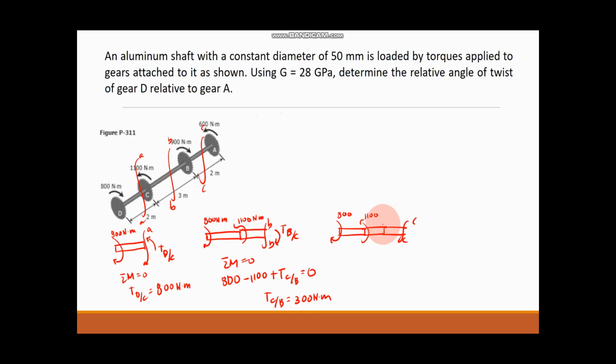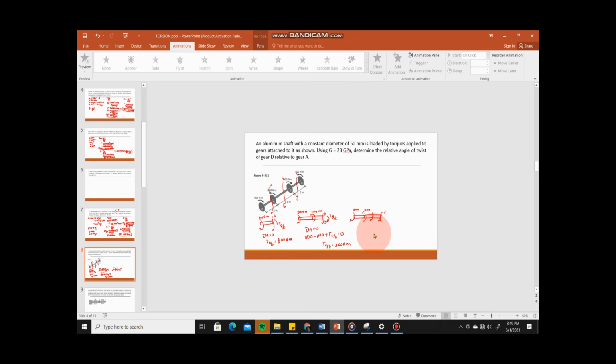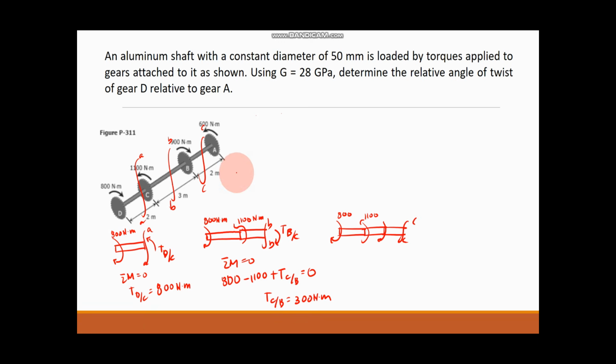And for the last part, our gear B has 900 Newton meter.